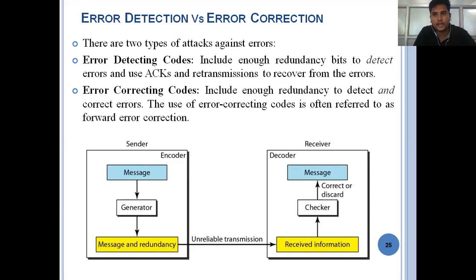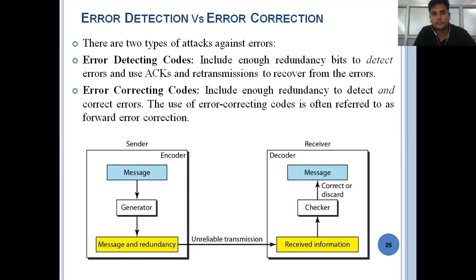So it identifies errors when there is no acknowledgement coming back. If acknowledgements are not coming back to the sender, it feels there is an error. If acknowledgements are back, that means it is a good and excellent data delivery mechanism working there.